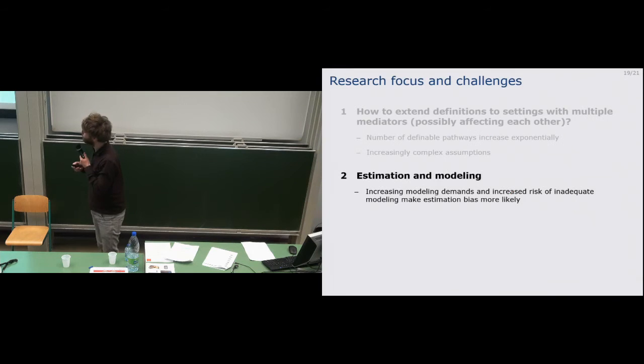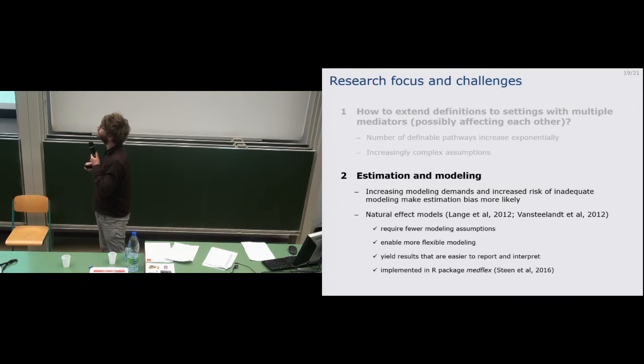A further challenge is that the risk of incorrect modeling assumptions increases as more and more common causes and mediators enter the picture. To prevent bias, we therefore develop methods that are less sensitive to model misspecification and that can flexibly be used when dealing with a mix of continuous and discrete data.